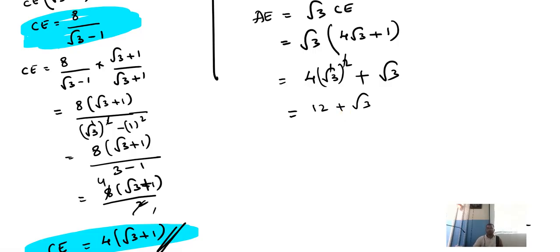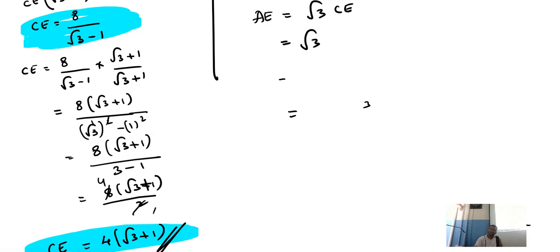Children, as you can see, it is root 3, right? What is CE? CE is 4 into root 3 plus 1. Please be careful. Root 3 as it is. Open the bracket, CE is 4.